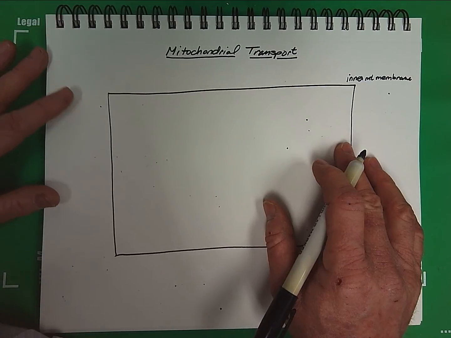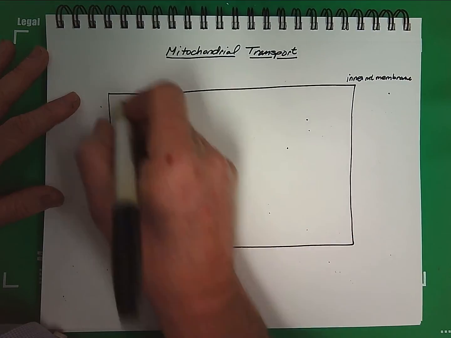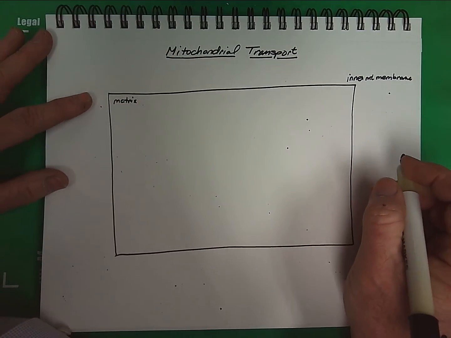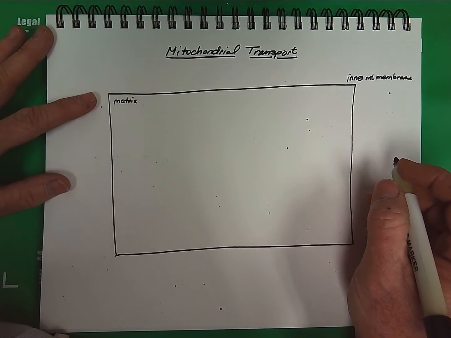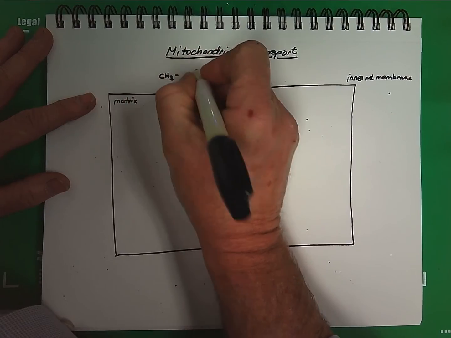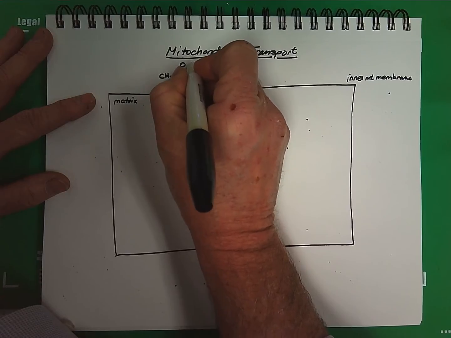So what we have to consider here are the components that are necessary inside the matrix of the mitochondria for the subsequent chemical reactions to generate energy. Now the first one we've examined before, and this is the movement of the final product of glycolysis into the mitochondria.